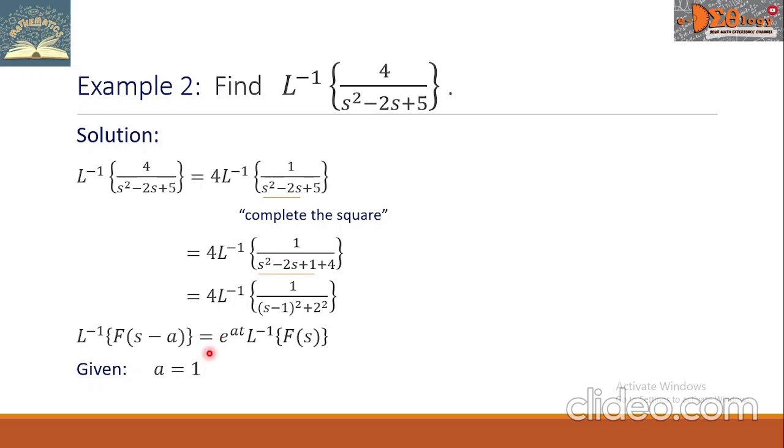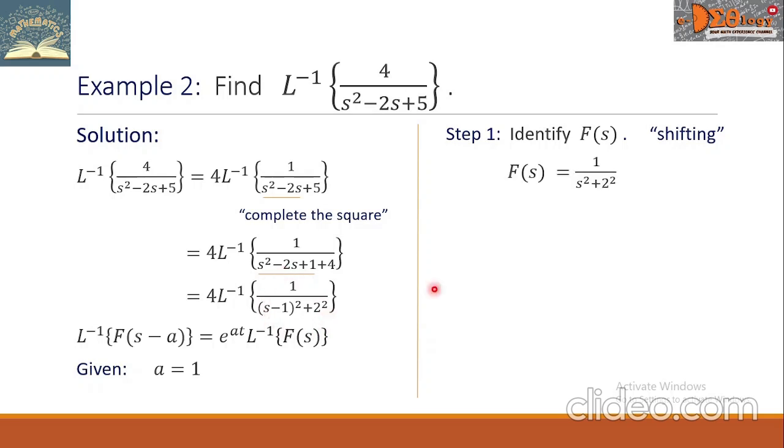Later, this is equal to e raised to at times the Laplace inverse of the function F of s. Let's go to step 1. Let's identify the F of s. Let us now do the shifting. Looking at our fraction here, F of s is equal to 1 over s squared plus 2 squared.